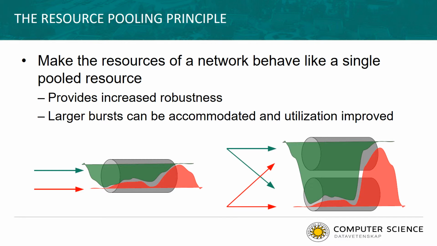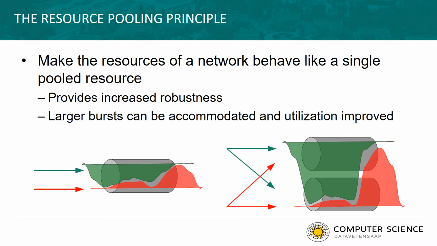And this is a general principle that can be applied not only to multipath congestion control, but also in other contexts. And of course, if we can use a pooled resource, this provides increased robustness, and it can also handle larger bursts that may appear, because you pool the resources that are available and you can utilize them more efficiently.